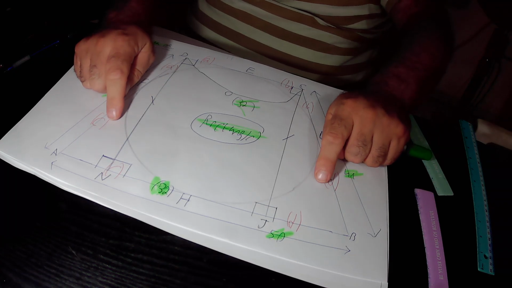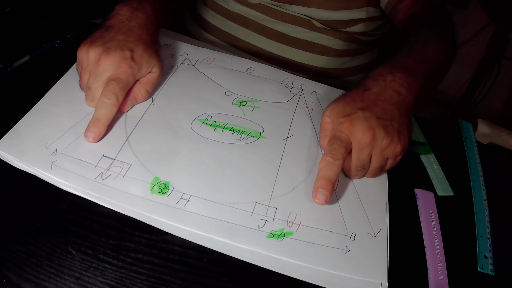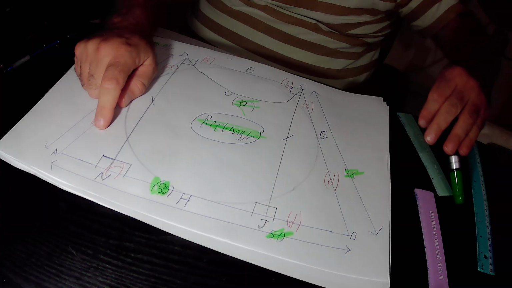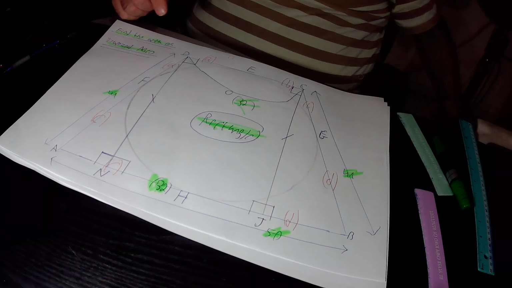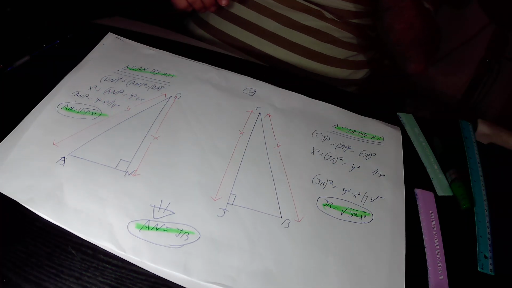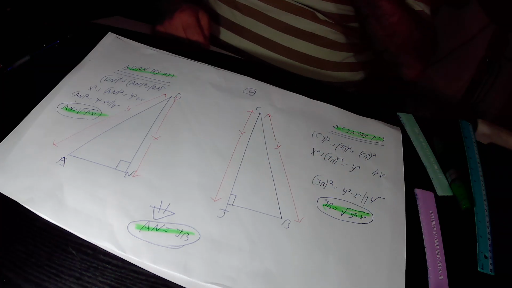Actually, copy those two right angles in a new pattern and prove that those two sides are equal to each other. That is to say, side AN equals side JB. So actually, those are the two right angles from the original drawing. This is the right angle DNA, this is the right angle CJB.